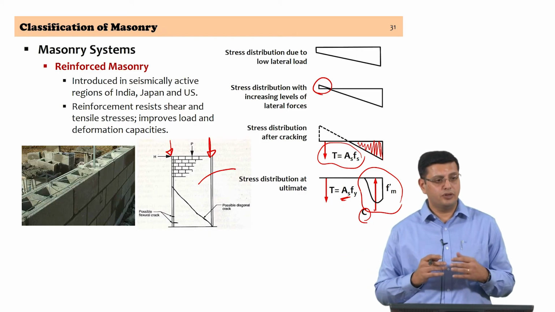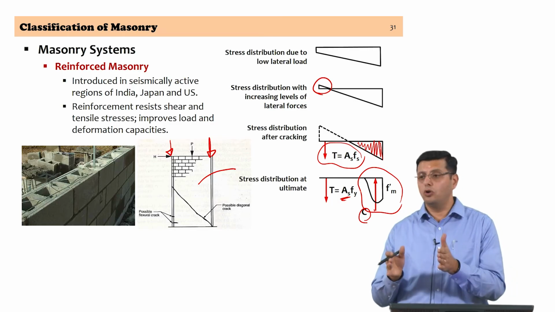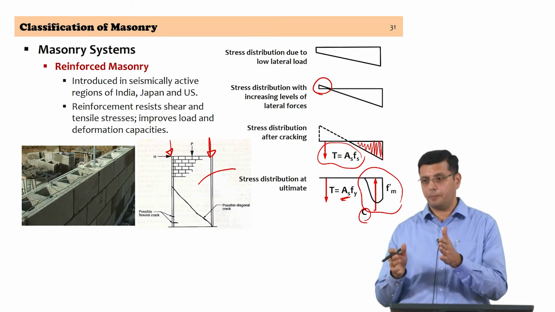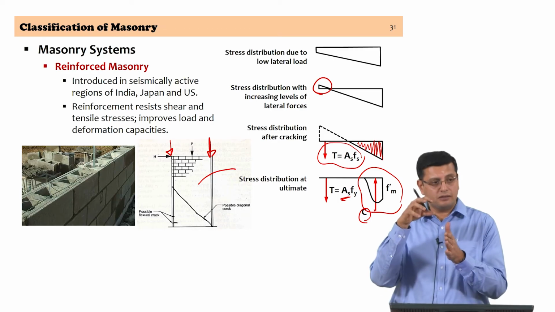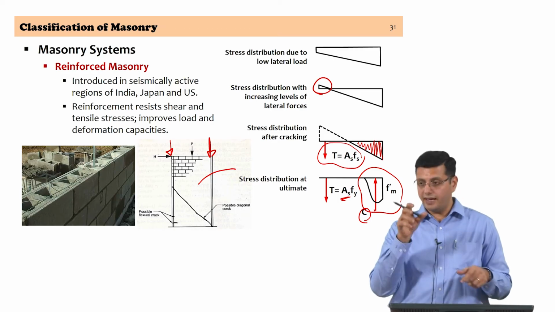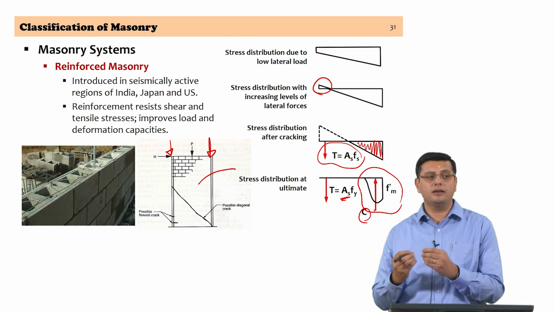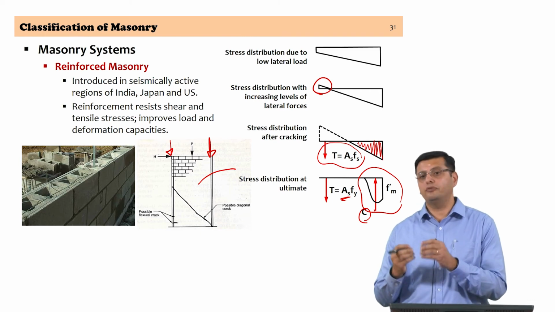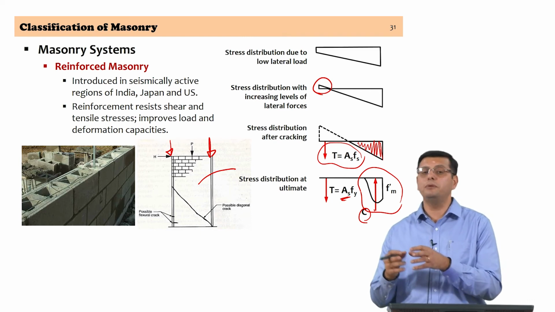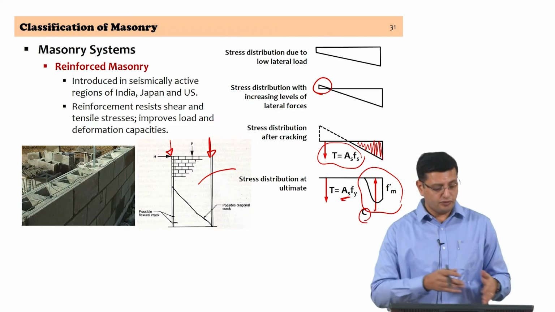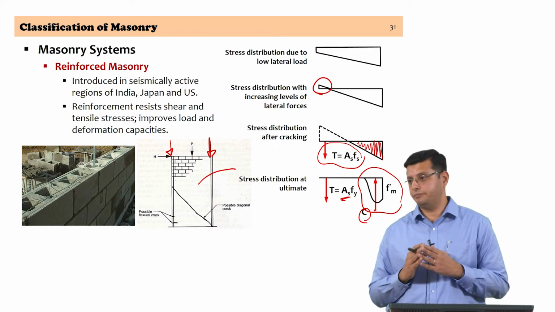If you take, for example, a hollow clay brick block with concrete grout in the cavity, then the compression properties of the grout will be different from that of the hollow brick itself.